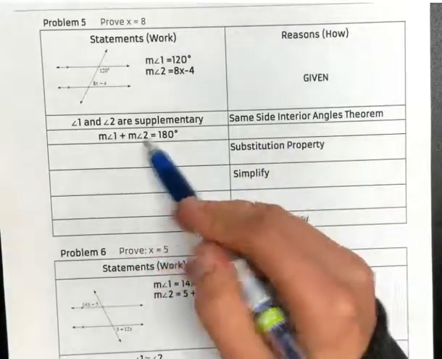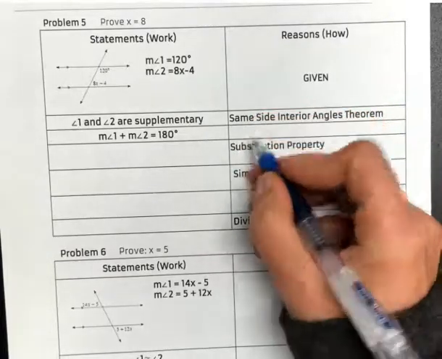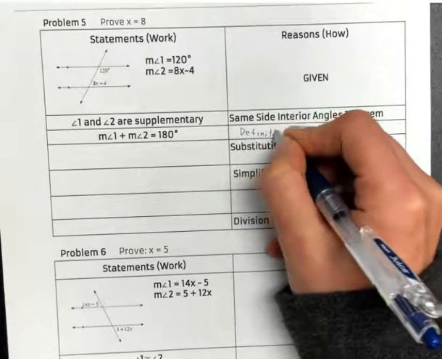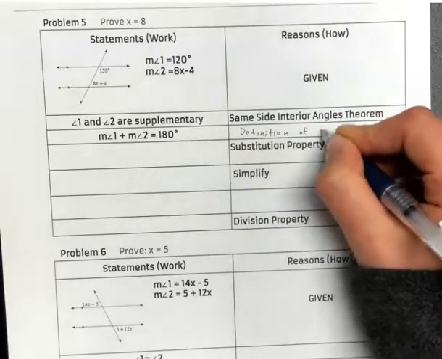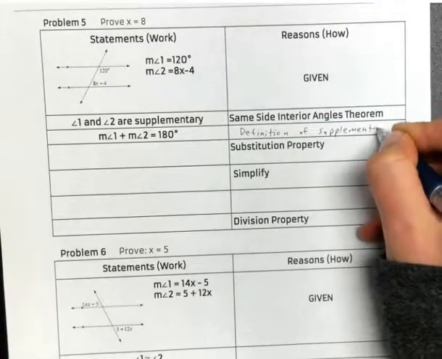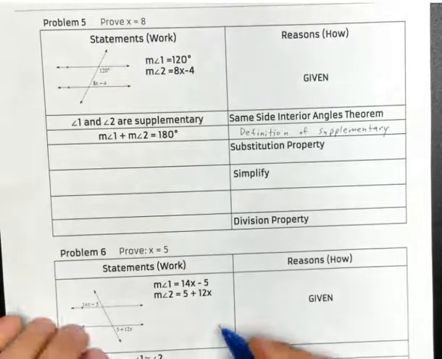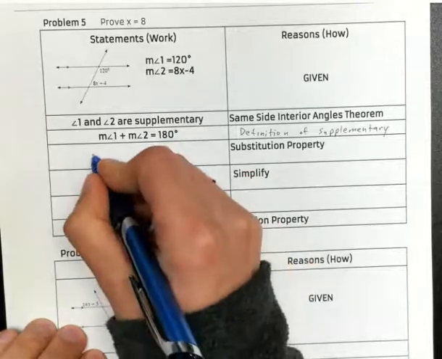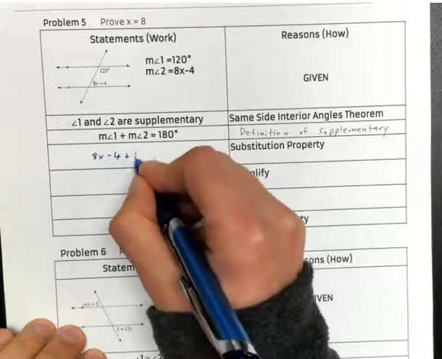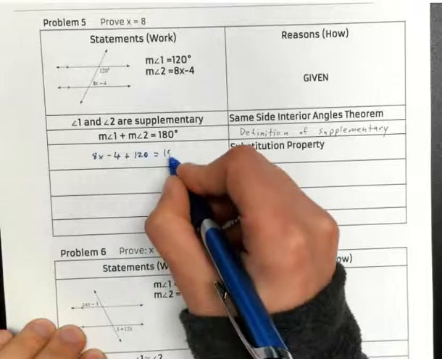Okay, next, instead of calling it supplementary, I'm going to say that they're equal to 180 degrees. I'm using the definition of supplementary for that. Okay, and then after that, I'm going to say that 8x minus 4 plus 120 is equal to 180.